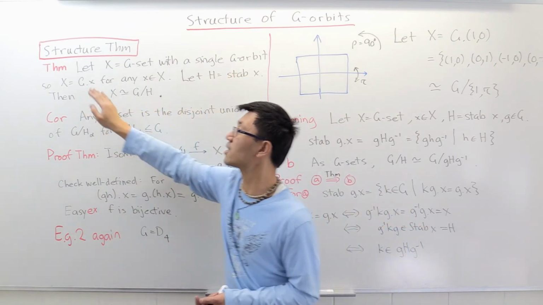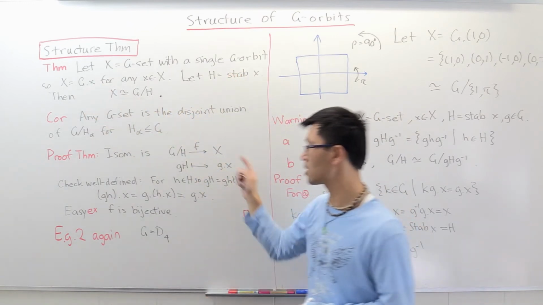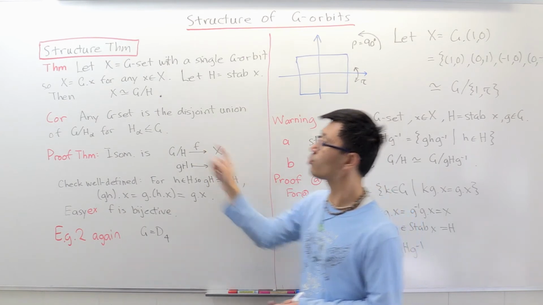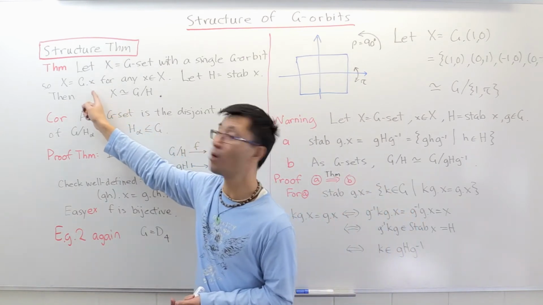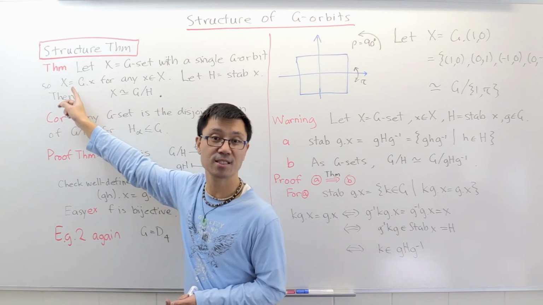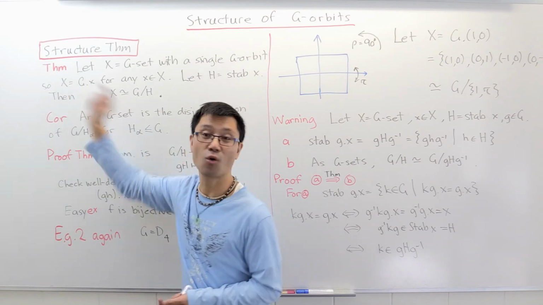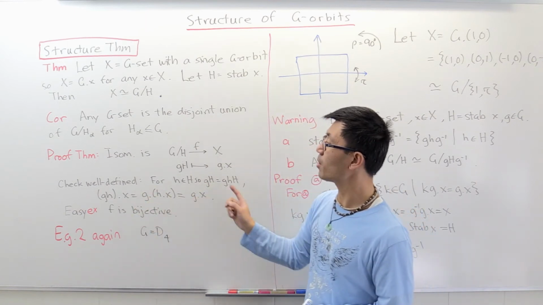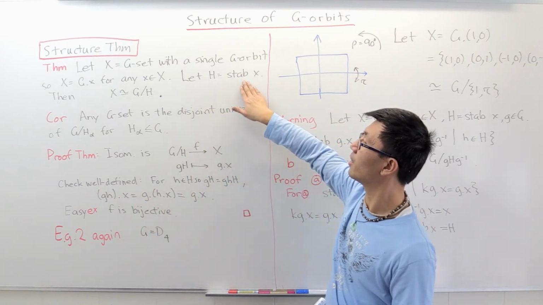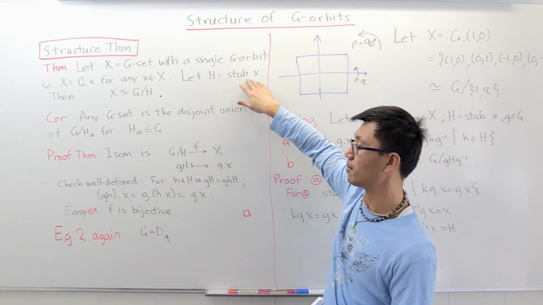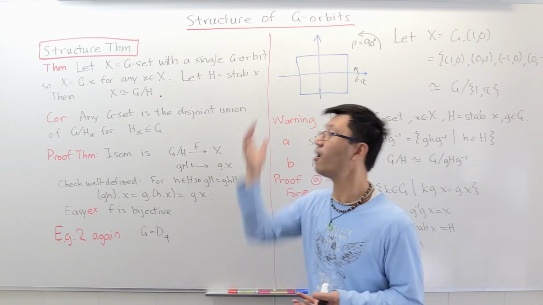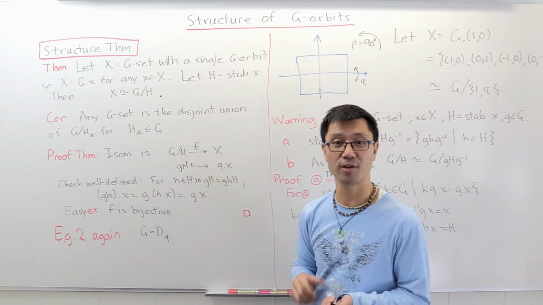Big G.x is the set of all little g.x's, that's the G orbit. Since we assumed big X is a single G orbit, this is all of X. That's surjectivity. And injectivity corresponds to the fact that you've used the full stabilizer, not just some elements which stabilize. That gives you the proof of this theorem, and hence this corollary.